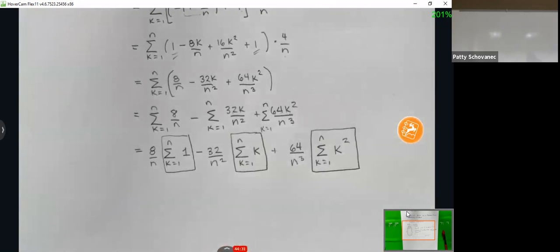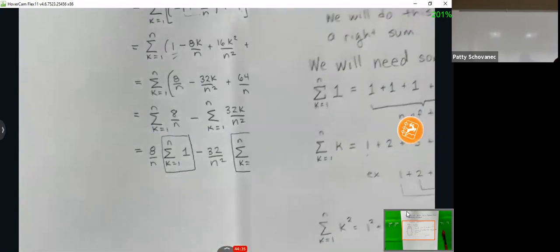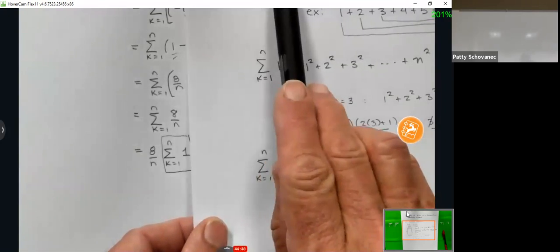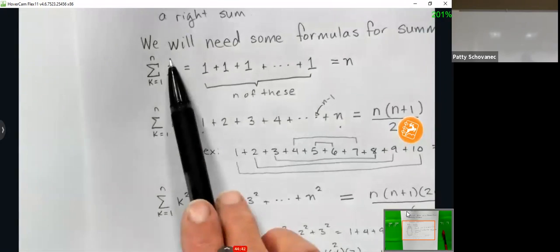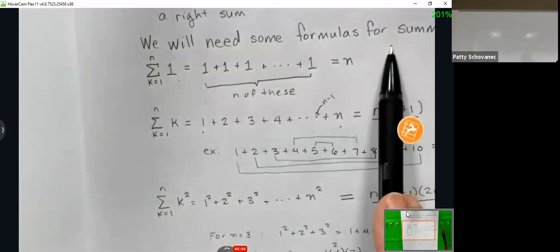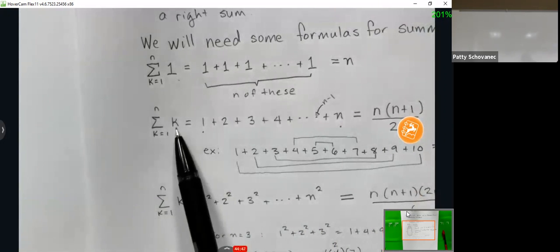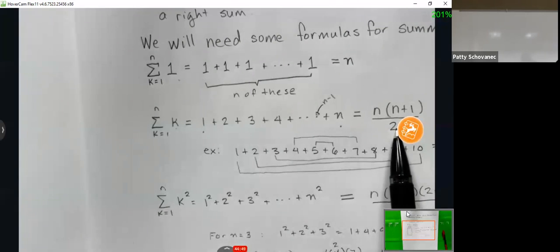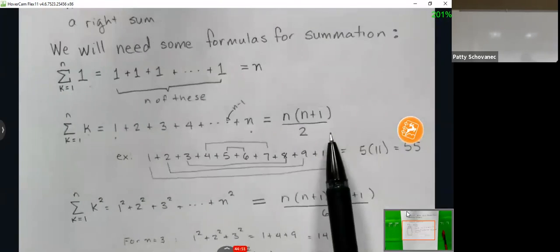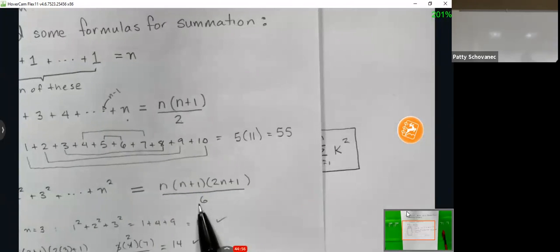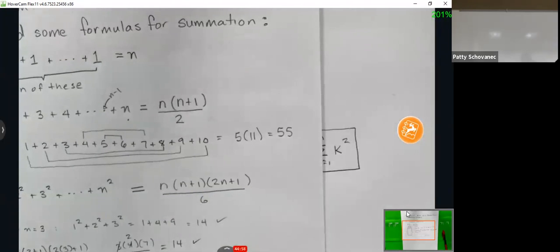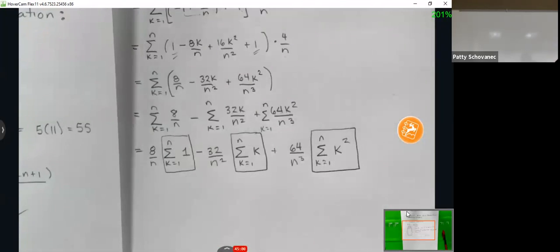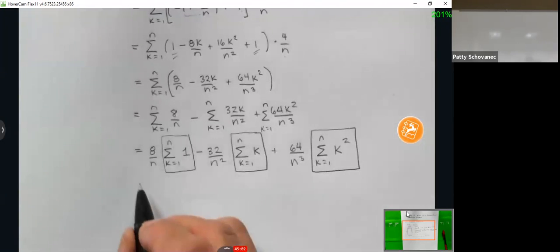From our formula page, I'm going to use the sum of ones added together n times is just n. The sum of the first k counting numbers is n times n plus 1 over 2. And the sum of the first squared numbers is this n times n plus 1 times 2n plus 1 over 6. I'm going to put those where I have the boxed expressions.